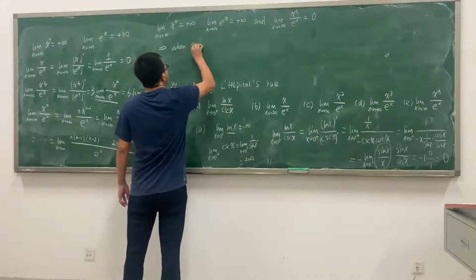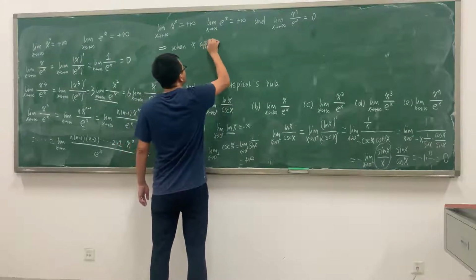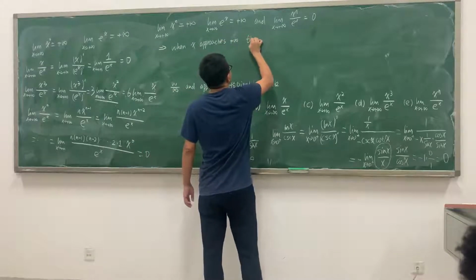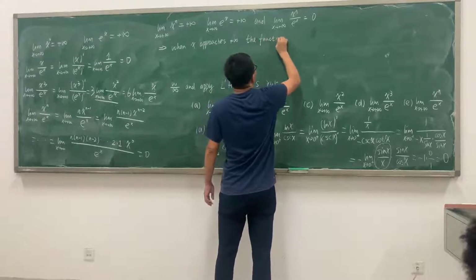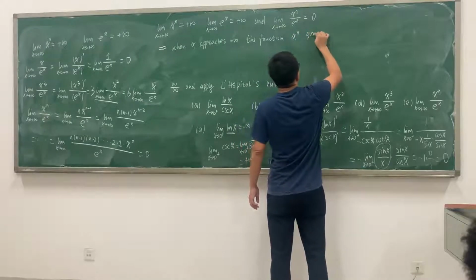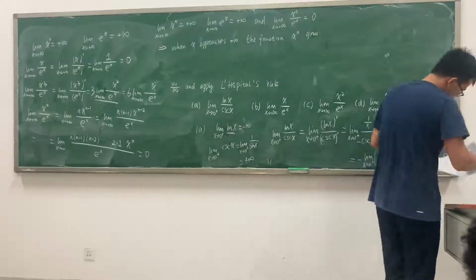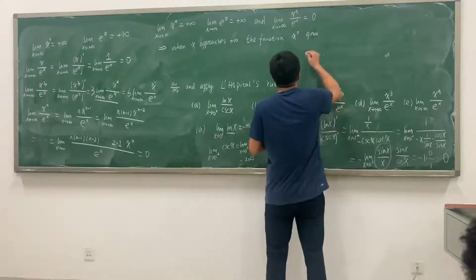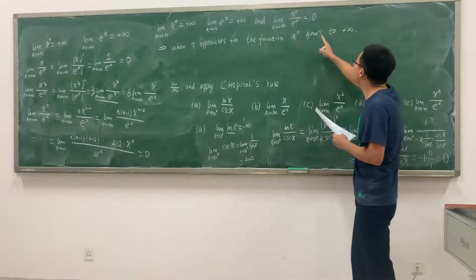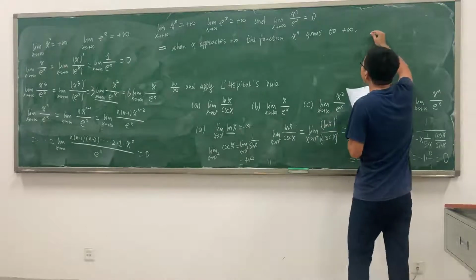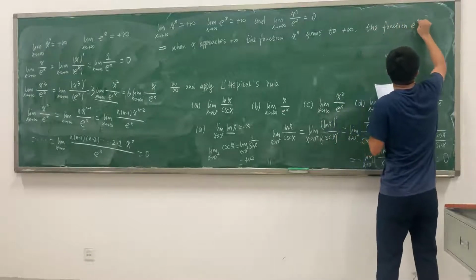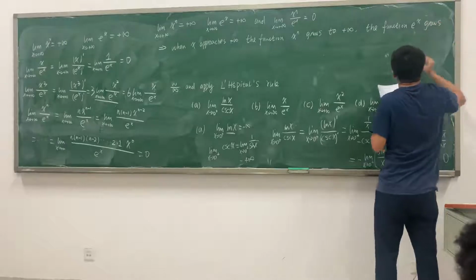When x approaches plus infinity, both functions x to the nth power and e^x get close to plus infinity.